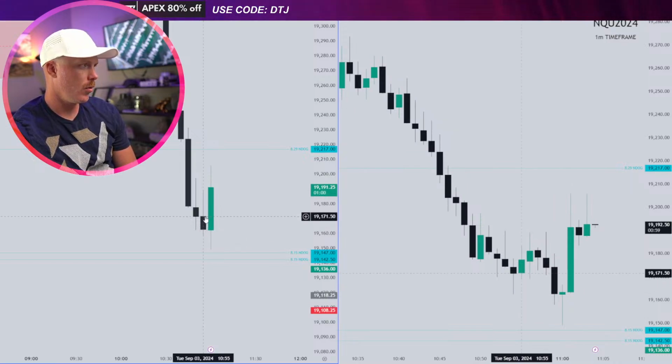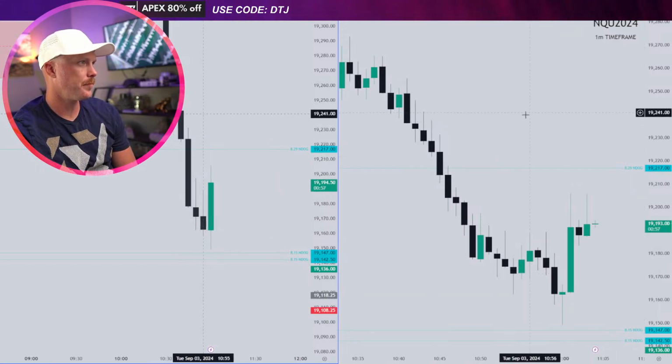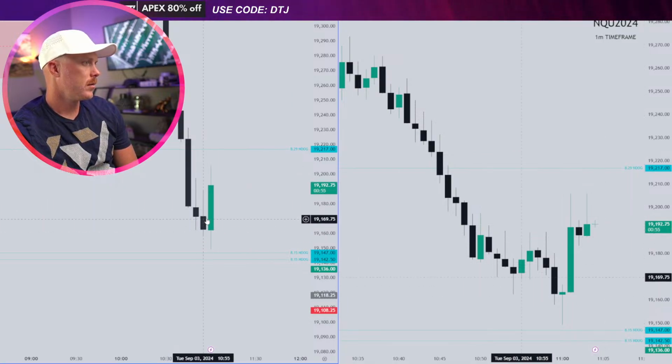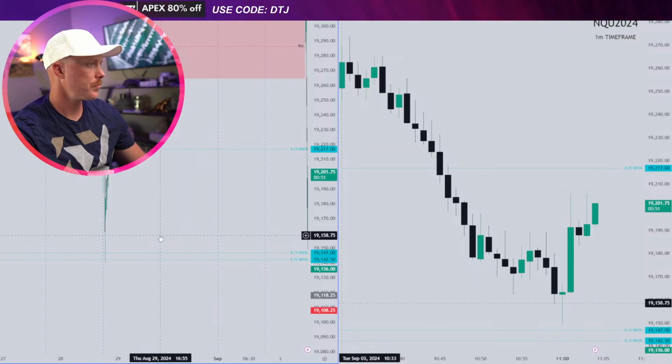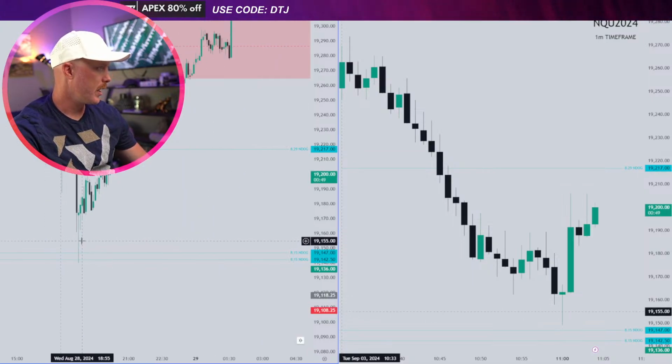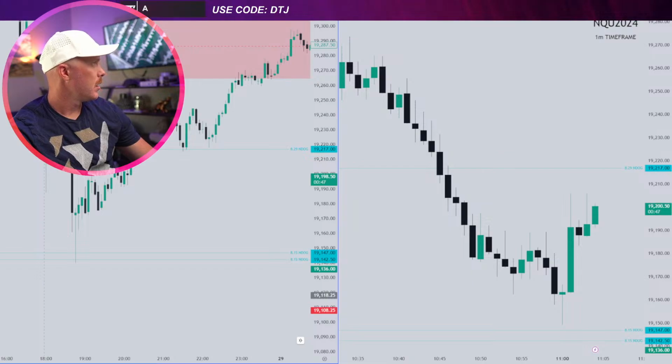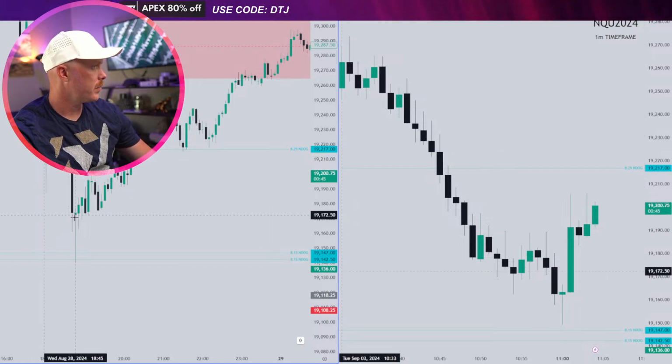Looks like we're going to get a 5-minute order block, except we didn't really hit a level here. Rejection block is all we got. This is our rejection block here.